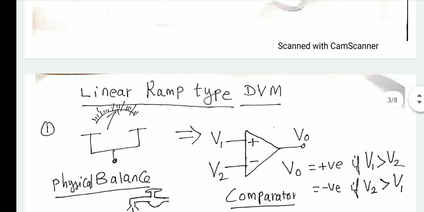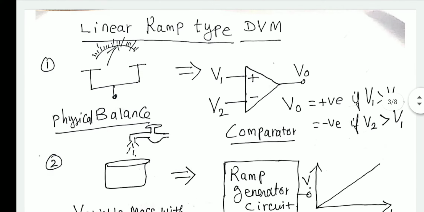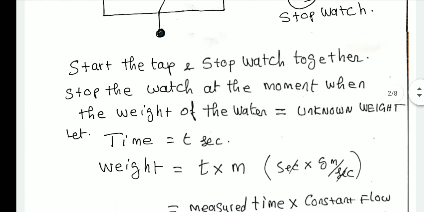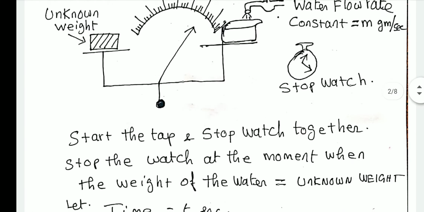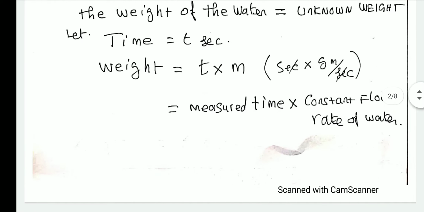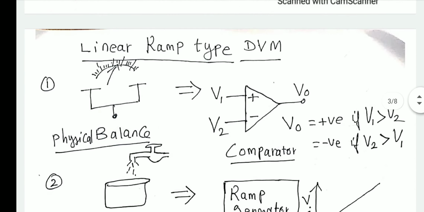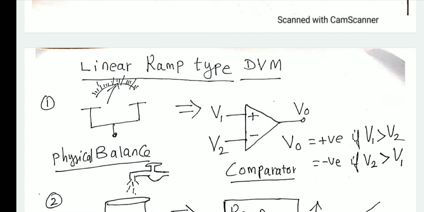The idea is, let us try to construct the linear ramp type digital voltmeter circuit. In the previous example, we used a physical balance to compare the unknown weight with the variable mass.